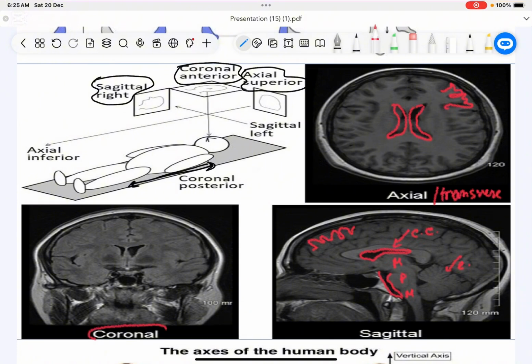On coronal sections, here also we can see the ventricles, the wide ones, then the sulci and gyri. Internally, some structures of the brain: this is the corpus callosum again, the hypothalamus, and parts related to the internal capsule. So planes are mainly used in radiological anatomy.